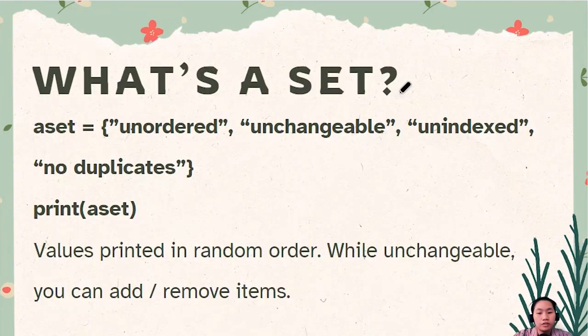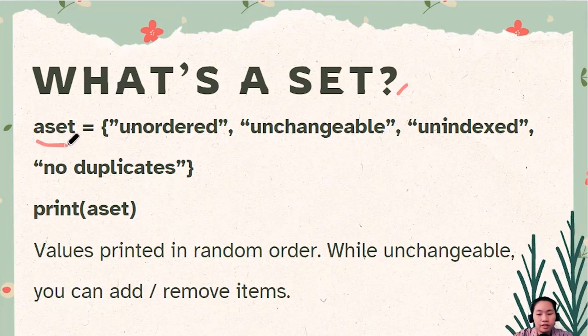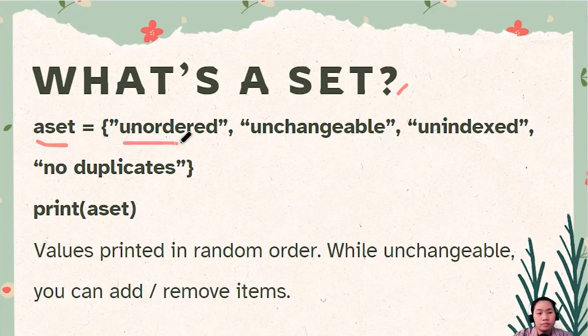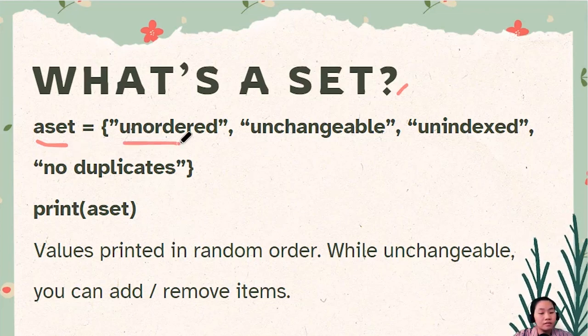First off, let me answer the question of what is a set. I have a little variable over here that's named a set. A set is a data set that is unordered, so there is no index, right?